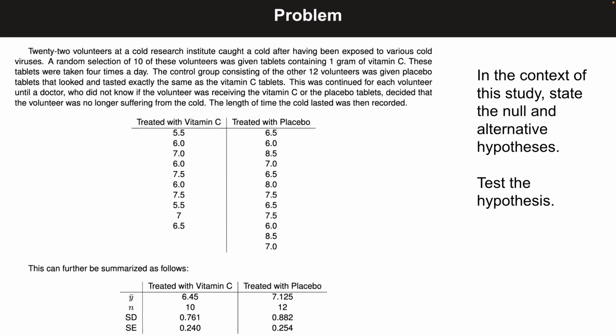Okay. So this is 6.5, 7.125. If I showed you just this, would you be able to conclude that placebo is higher? Is the difference in the length of stay higher for placebo as compared to vitamin C, just based on this plot?